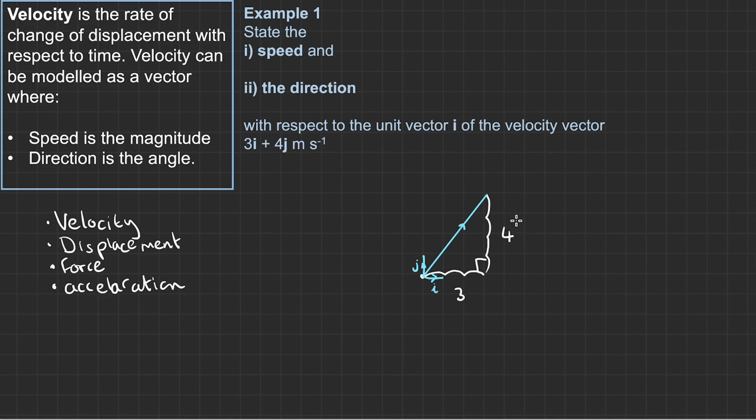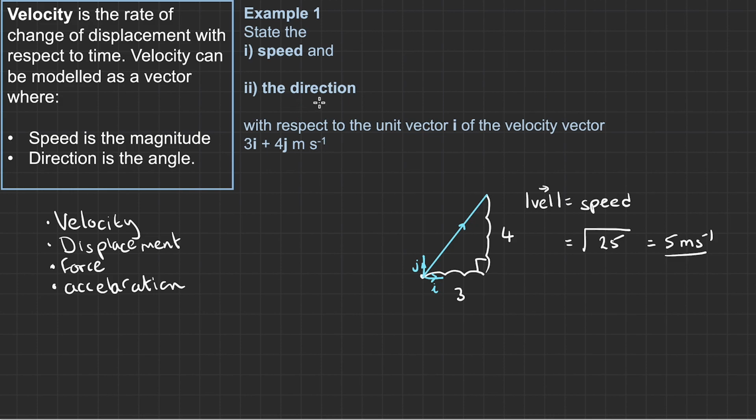So the magnitude of the velocity vector is equal to the speed. Using Pythagoras' theorem, this will be the square root of 3 squared plus 4 squared, so the square root of 25. This works out as 5 meters per second, so this is the speed of this velocity vector.